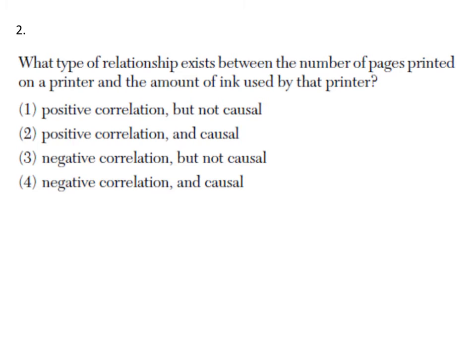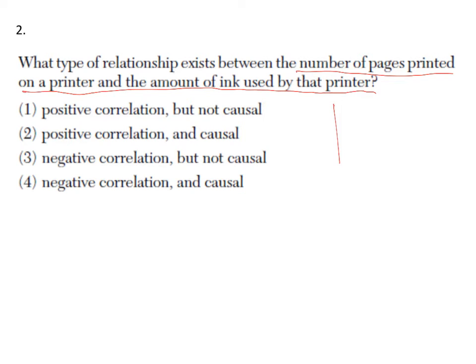What type of relationship exists between the number of pages printed on a printer, the amount of ink used by that printer? So could you predict that? And if you could, how accurate could your prediction be?